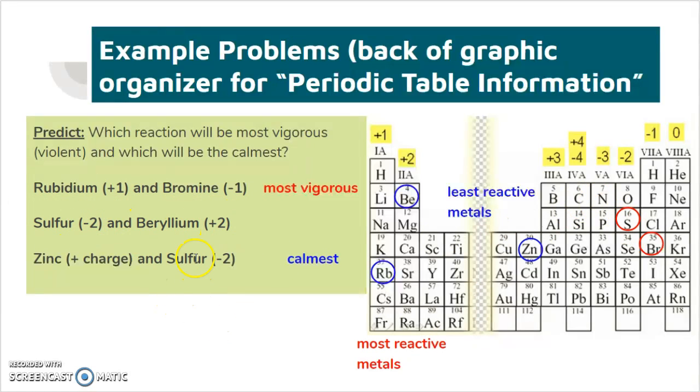And in the next one, zinc is a transition metal. It's probably less likely to react than beryllium. At least that would be my prediction based on the fact that it's so far to the right on the periodic table. So I would say that this looks like it would probably be the calmest reaction out of all of them, and this would be in the middle.